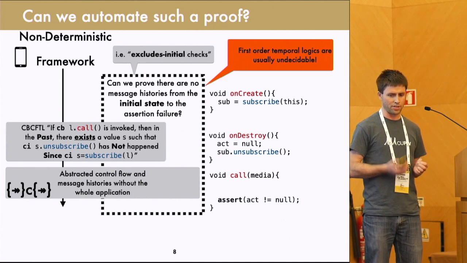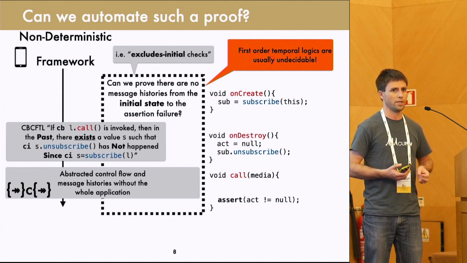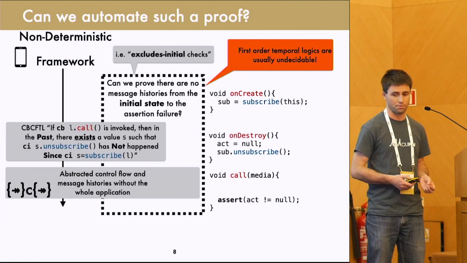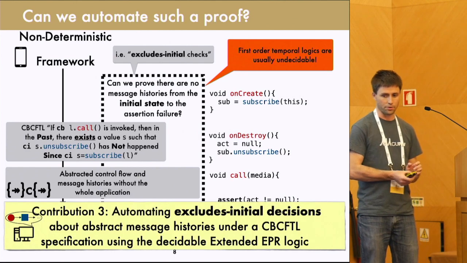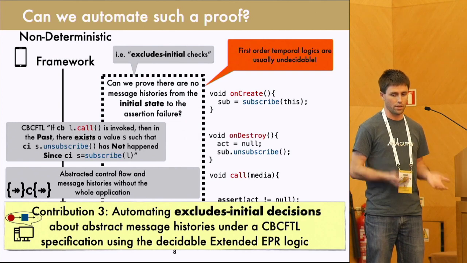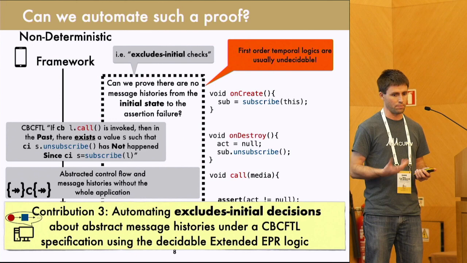But the main challenge here is that first order temporal logics are usually undecidable. So making this perform well is a major challenge. And so the contribution is this automatic excludes initial check. And we use SMT solvers in a decidable fragment of logic called extended EPR.